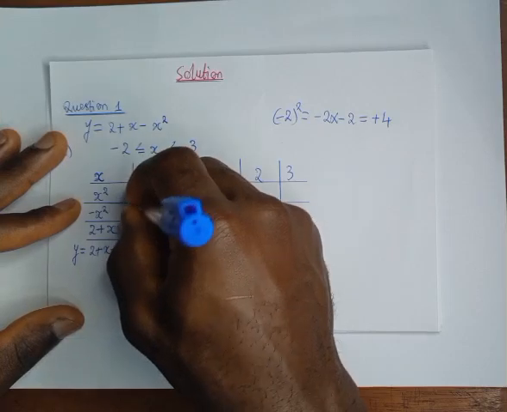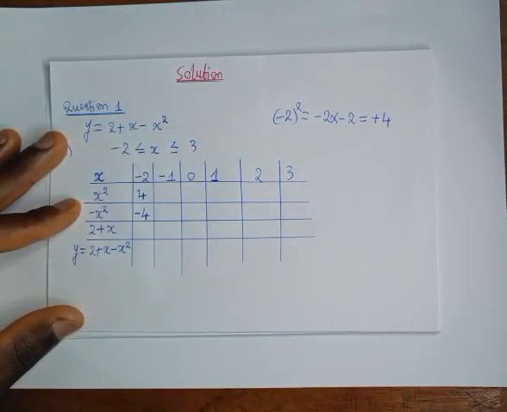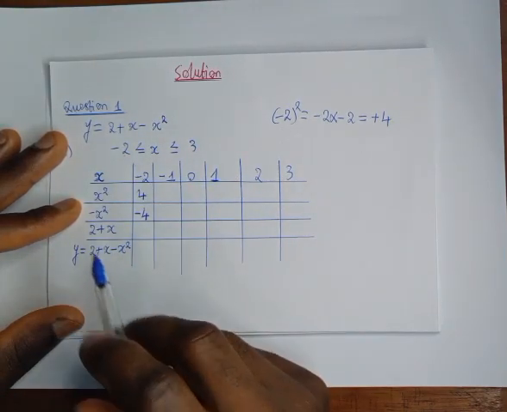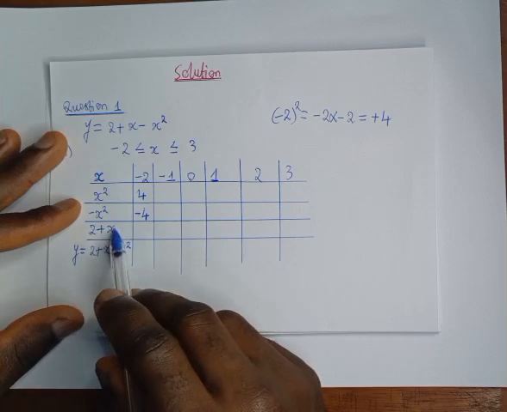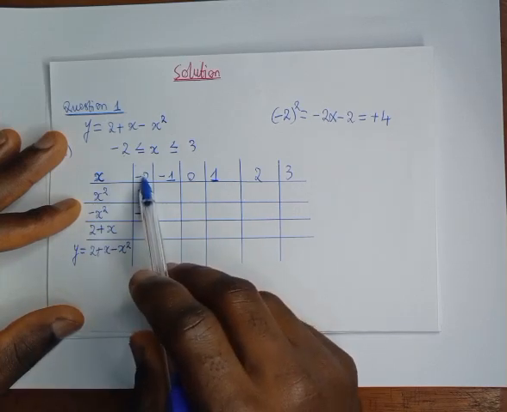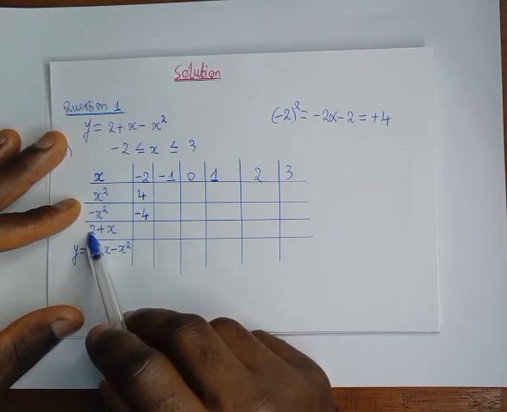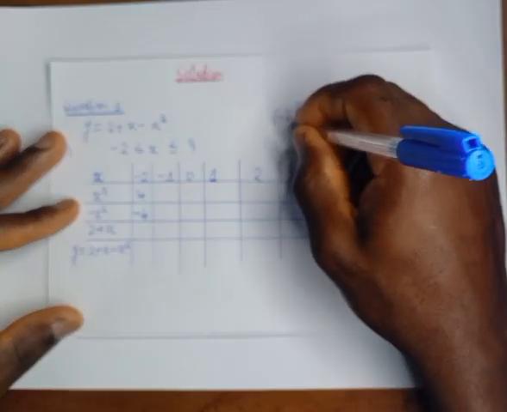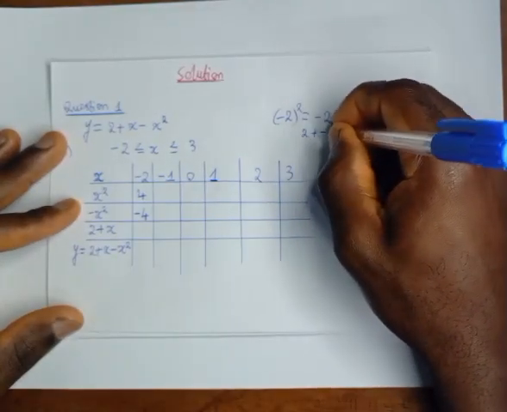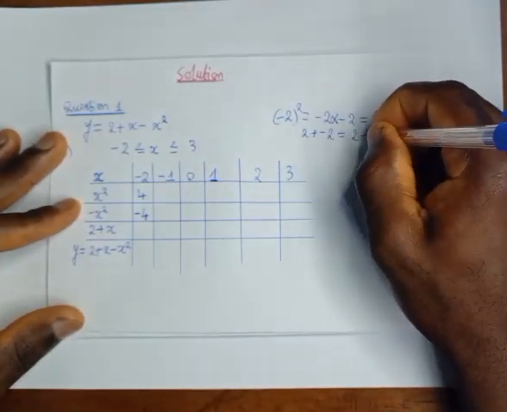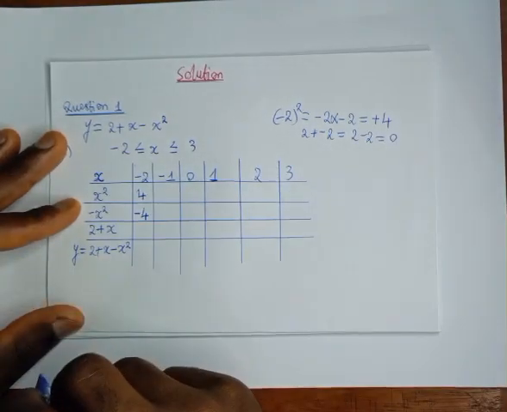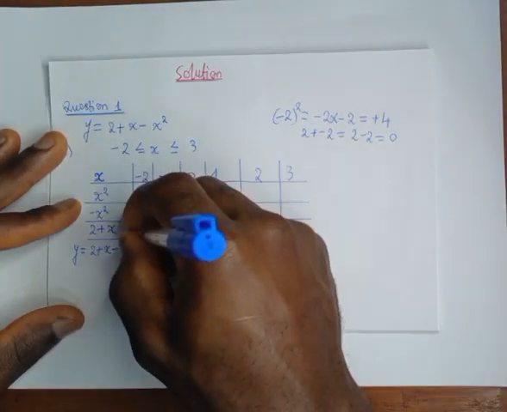It gives us negative 4. The next, 2 plus x: we take 2 plus negative 2, which is the same as 2 minus 2, which is equal to 0. So this will give us 0.